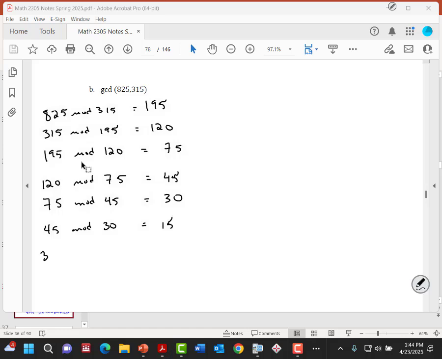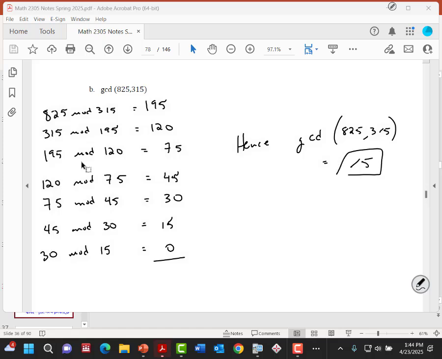Now if we go 30 mod 15, notice we get a 0. Hence, the GCD of 825 and 315 is this 15 right here.